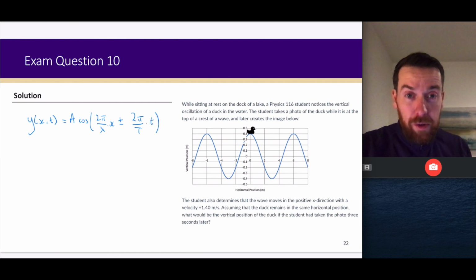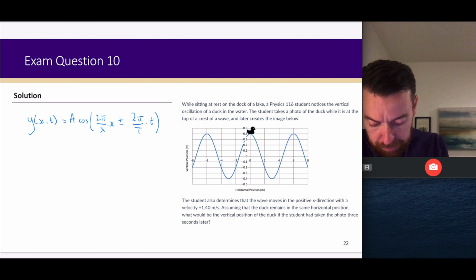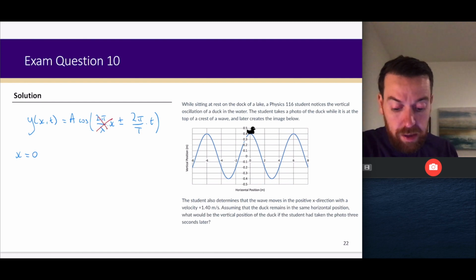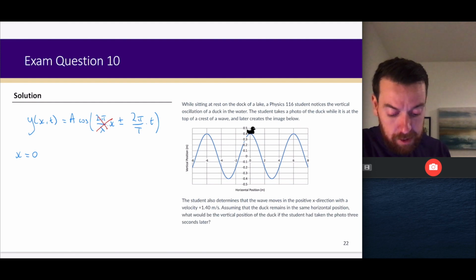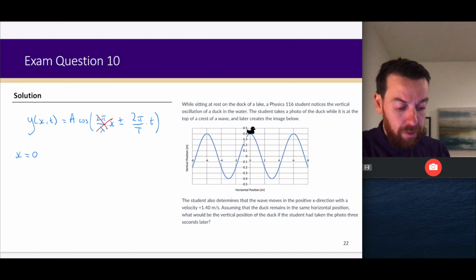Now in this particular question, the duck's position is x equals 0, so we can simplify and remove that entire term in the parentheses, 2 pi over lambda times x. We know that the wave is moving to the right, so technically we have a negative sign in the expression, but for this particular context it wouldn't have mattered.